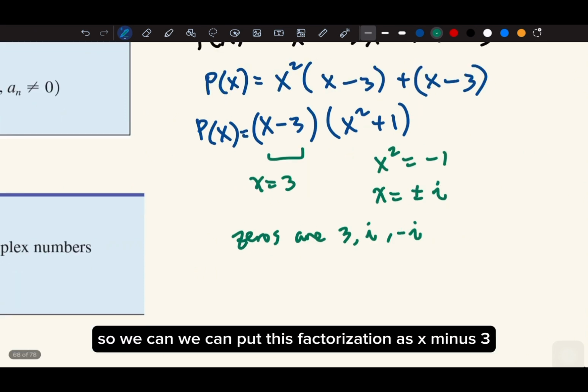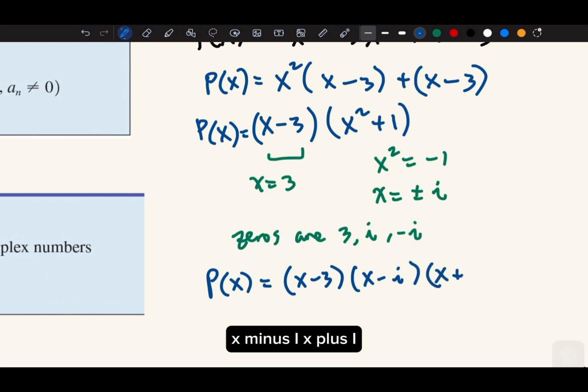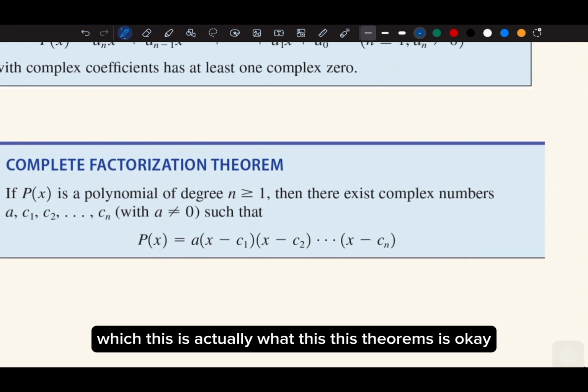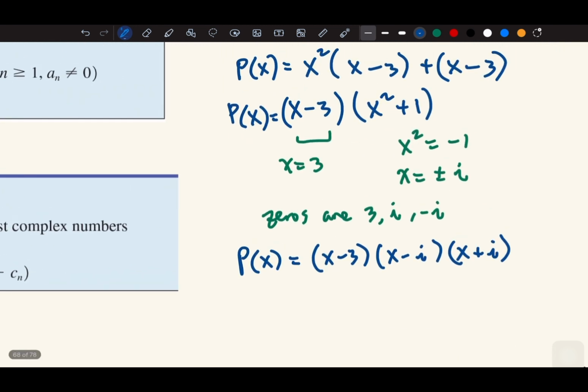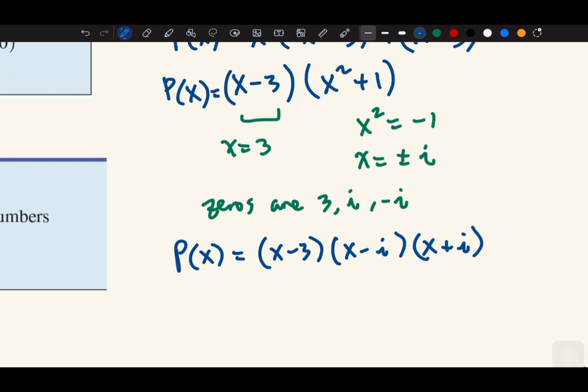So we can put this factorization as x minus 3, x minus i, x plus i, which is actually what this theorem says. Basically, because we multiply all the things inside, the imaginary is gone. It becomes -1.